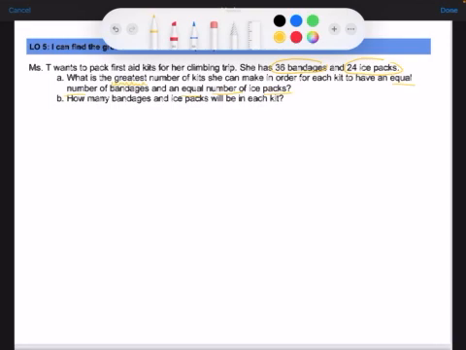Well, the first thing we need to do is think, how do we know that this is a greatest common factor question? Some keywords that I see that tell me this are that word greatest and that phrase equal number.